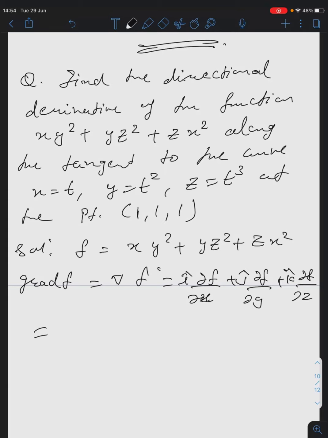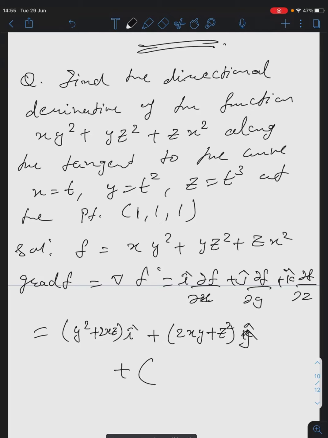So with respect to x, it will be y square plus 2xz, i cap. Then with respect to y, it will be 2xy plus z square, j cap.